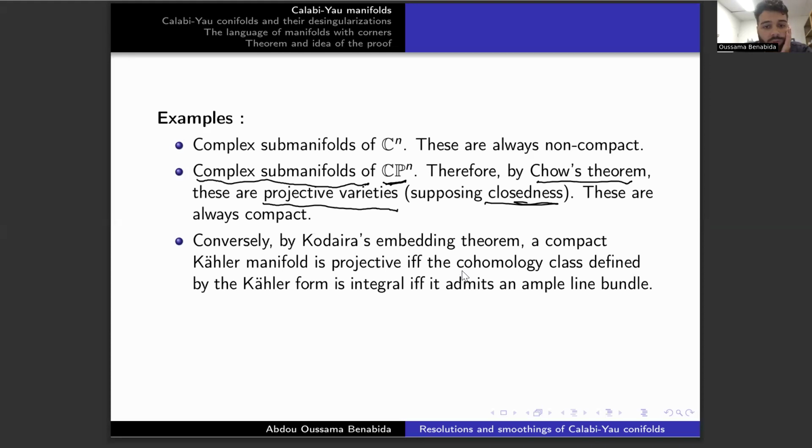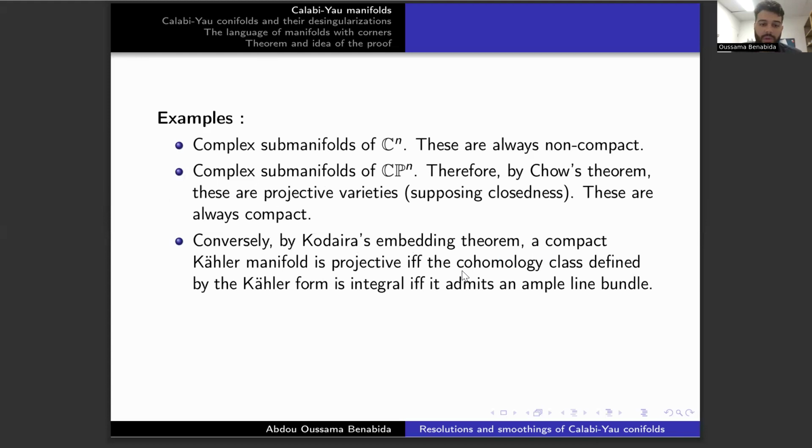And in opposition to this fact, there is a well-known theorem known as Kodaira's embedding theorem, which tells us when a Kähler manifold is actually projective, meaning a projective variety. Kodaira's embedding theorem says that a compact Kähler manifold is projective if and only if the cohomology class defined by the Kähler form is integral.